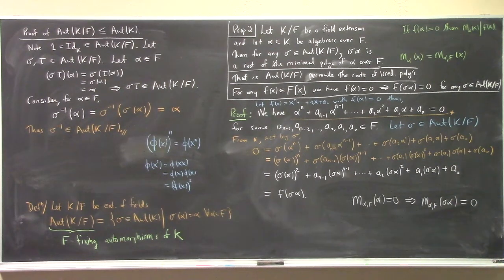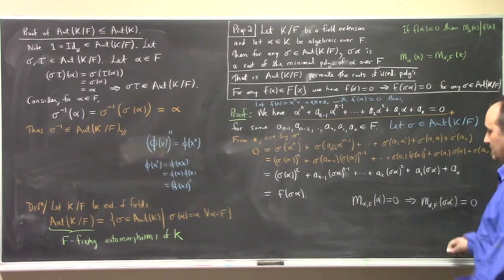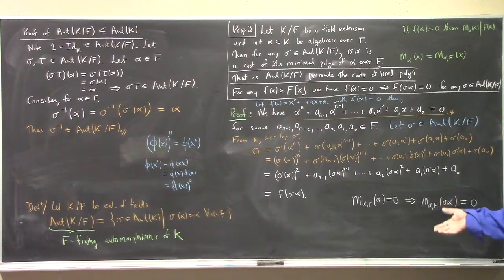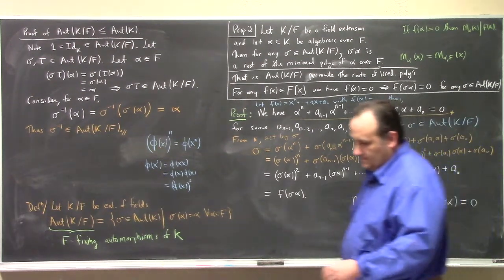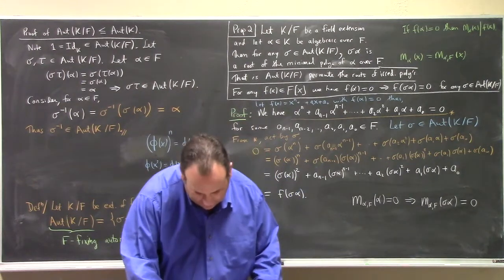It's not about the irreducibility or the fact that it's minimal. It's just that the F-fixing automorphisms of K permute the roots of polynomials over F.